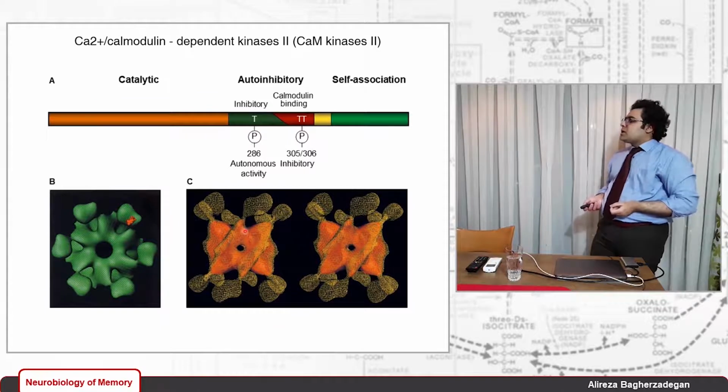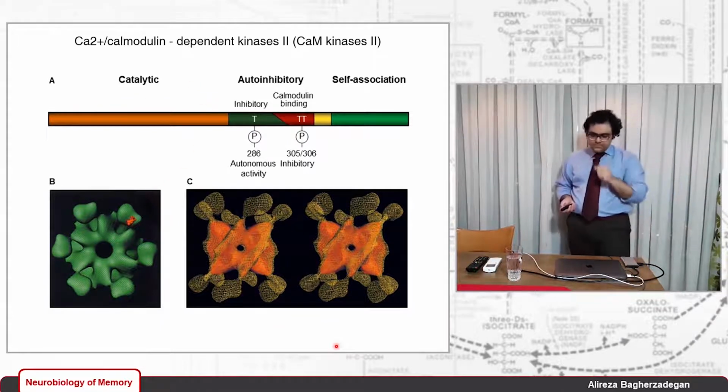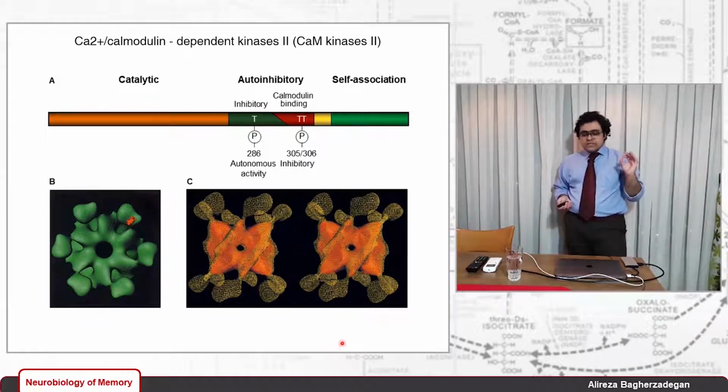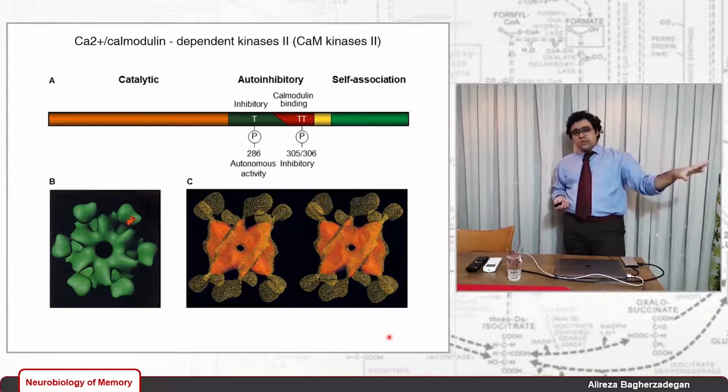Calcium calmodulin dependent kinase II is specifically enriched in the nervous system, and it's one of those molecules which has important roles in the induction and expression of long-term potentiation.